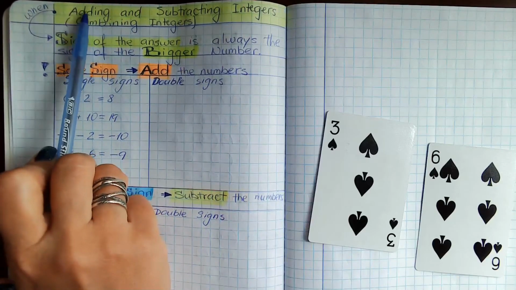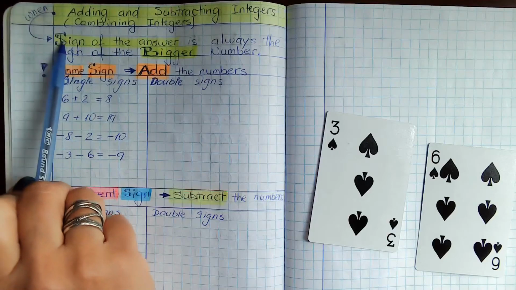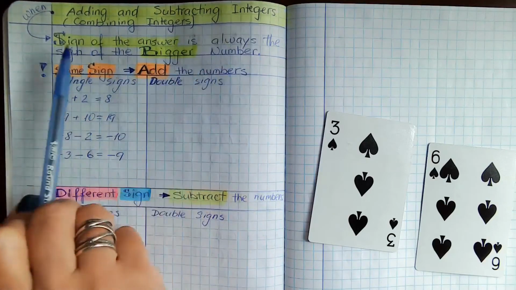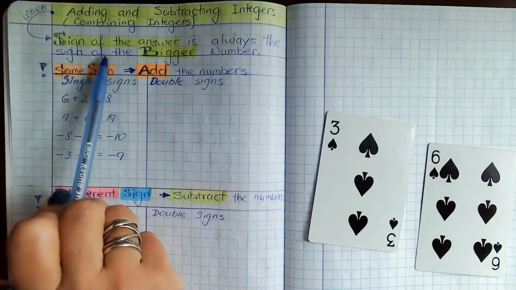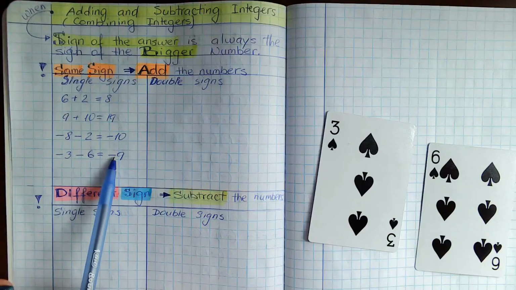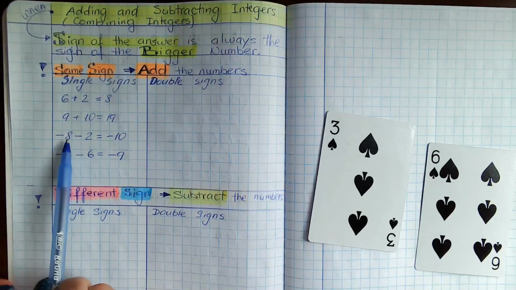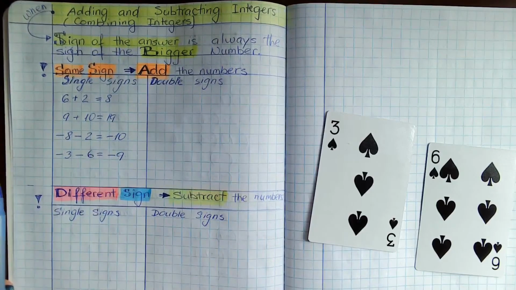Based on my title, when we're adding and subtracting integers, we look at the sign of the bigger number for the answer. The sign of the answer is always the sign of the bigger number. 6 is bigger, it has a minus in front. The answer is negative. 8 is bigger, it has a minus in front. The answer is negative.